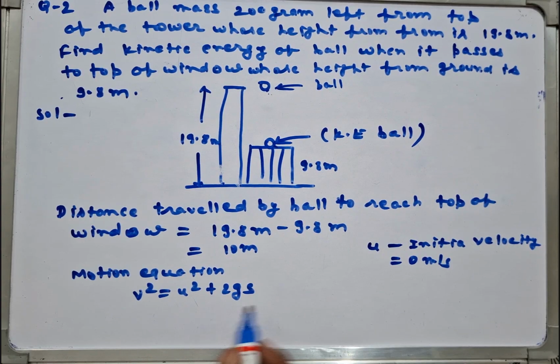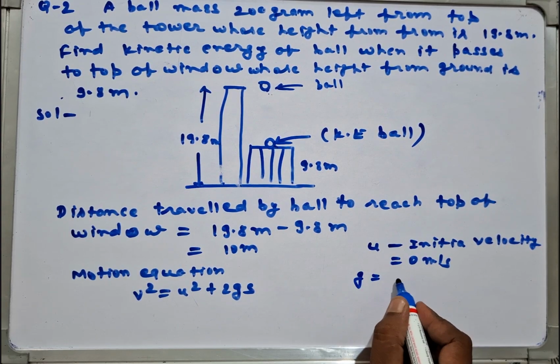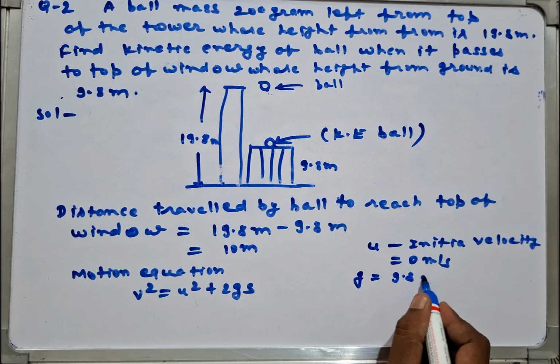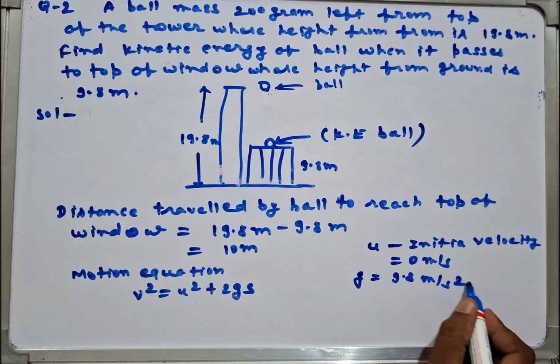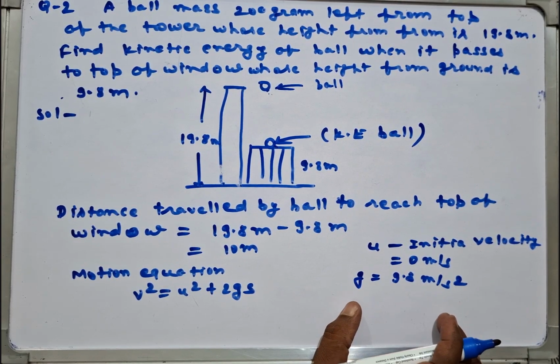Now g is 9.8 meter per second square, this is acceleration due to gravity.